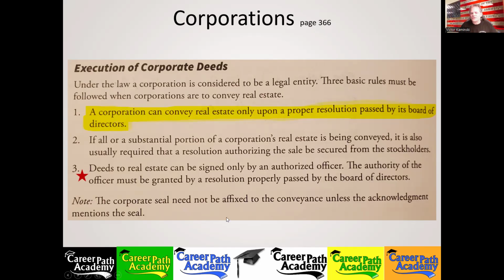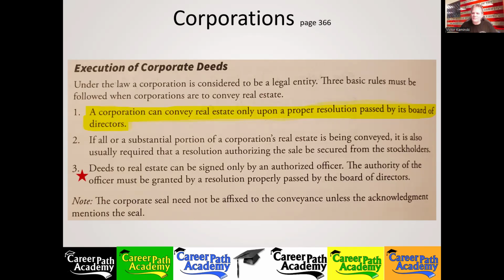But who makes all the major decisions in a corporation to buy or sell real estate? It would be a proper resolution passed by its board of directors. Again, you can't just send anybody down there to say, oh yeah, I represent the corporation. Yeah, prove it. Who signs for a corporation?